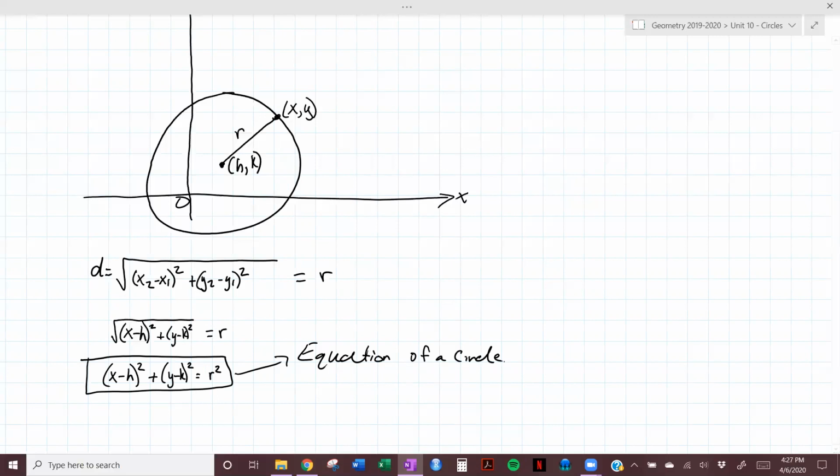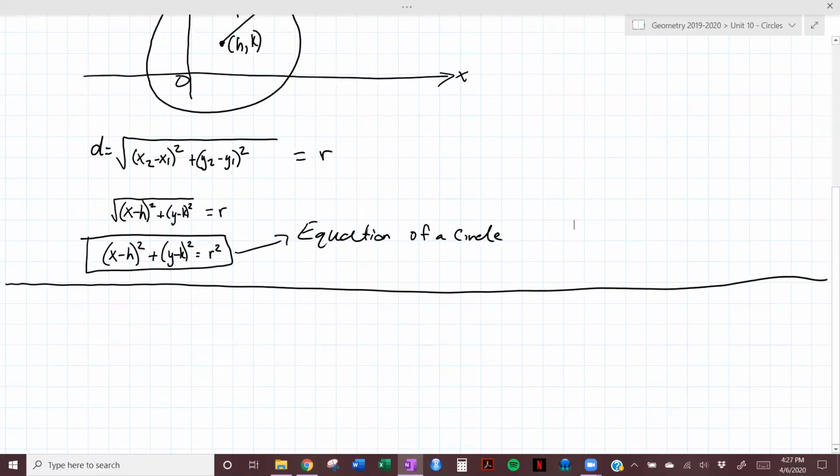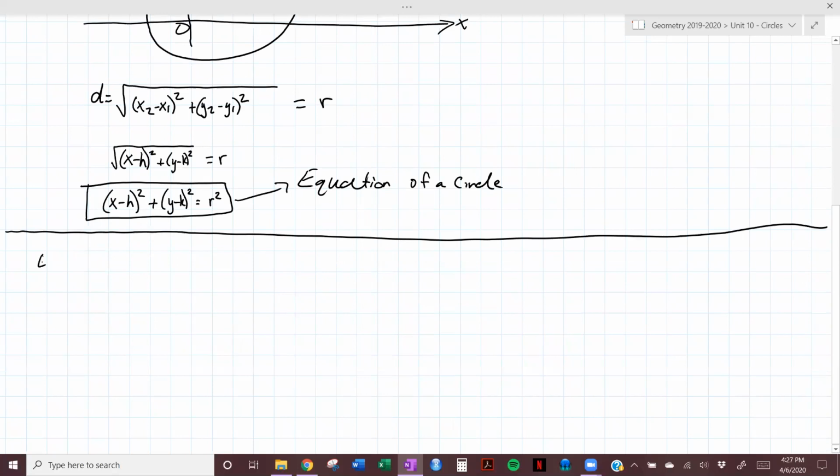All right, I'm going to show you guys an example of how we do this. This is going to be example 2. What is the equation of the circle with center A?